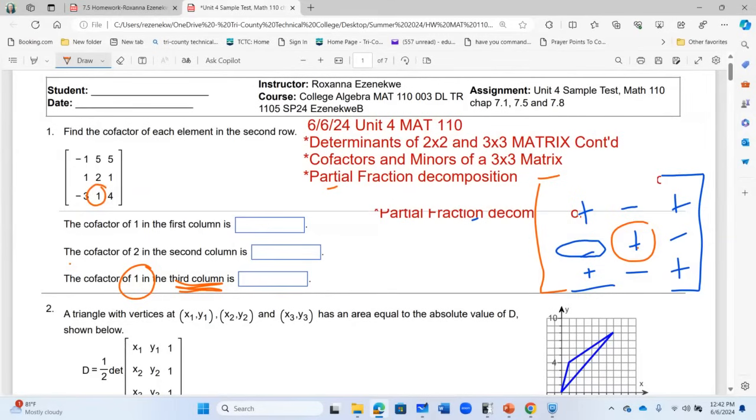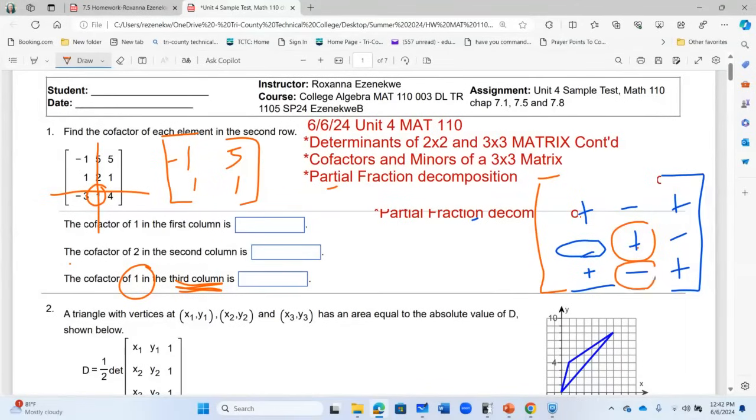So now that I found the place where 1 is, I will cancel all the vertical and the horizontal, and then I will get a matrix of minor. The matrix of minor for 1 in the third column is going to be negative 1, 5, 1, 1. That's a 2 by 2 matrix. And then I will look for the position of 1.